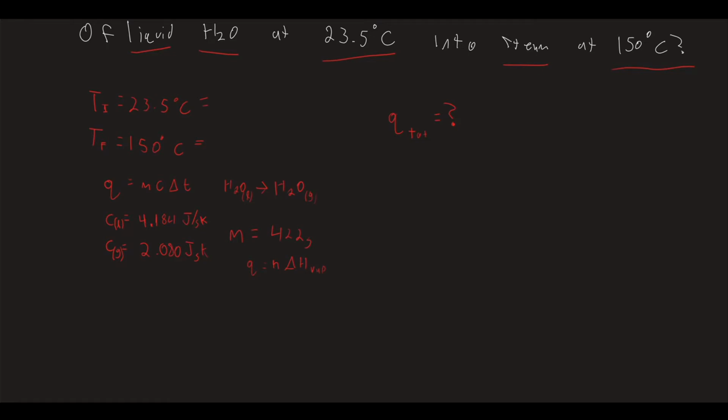So if we go from 23.5 degrees Celsius, we have 296.65. We simply added that 273.15. And if we want to go from that 150 degrees Celsius, again, 423.15.